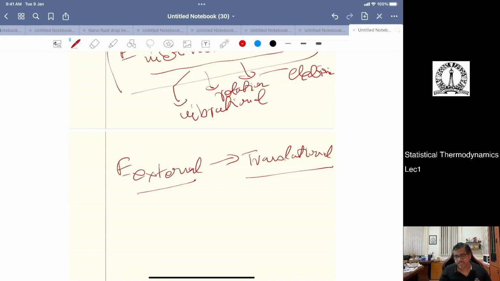And then by employing statistical methods, we can average this across all particles to calculate the macroscopic properties. So you understand, from quantum mechanical calculations, we understand the contributions of the different modes, the vibrational, the rotational, electronic, translational. And then by using statistical methods, we average it across the entire system, which is composed of millions and millions of atoms.